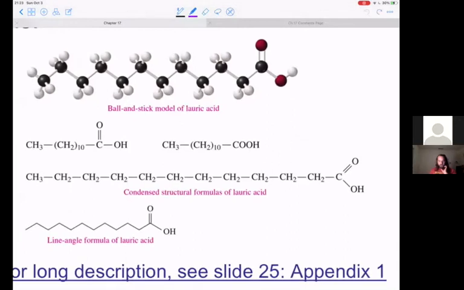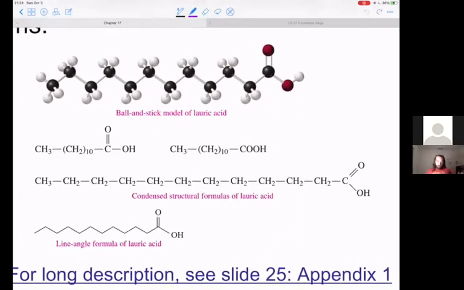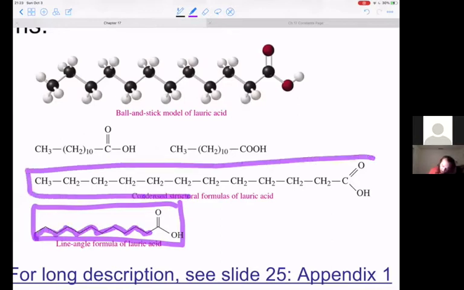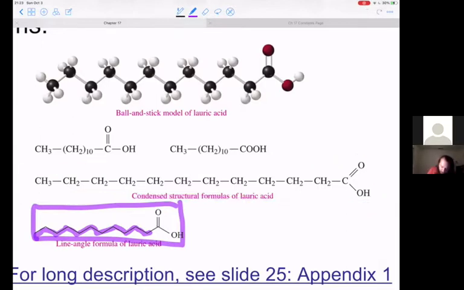There are different ways to represent it. There's the line angle formula, which we're used to seeing, but again, you can see this huge carbon tail, or the condensed formula, where you write out the different carbons explicitly. You don't draw the carbon-hydrogen bonds, but you draw all the carbon-carbon bonds. So those are the two forms that we're used to.